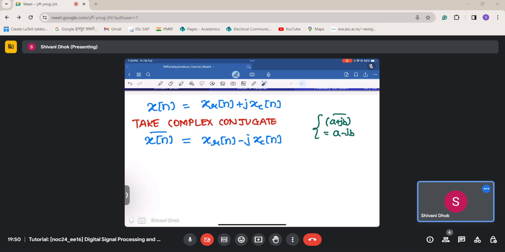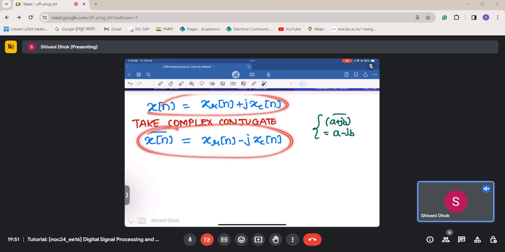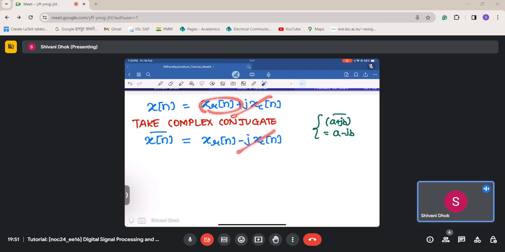Now if I want to find xr[n] using these two equations, I can add them up. Let's say this is 1 and this is 2, so we do 1 plus 2.